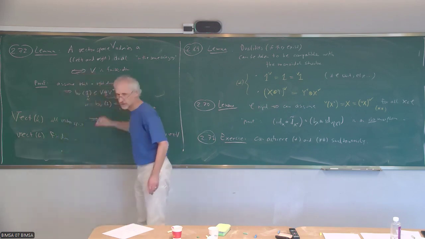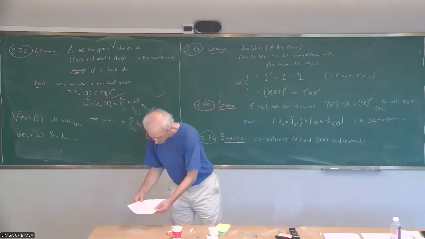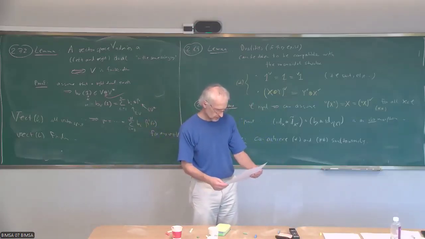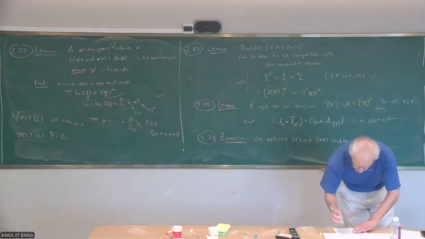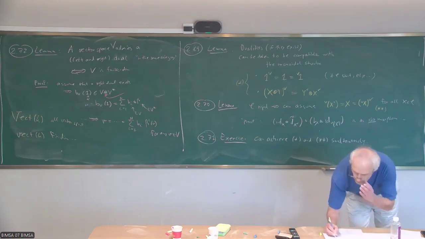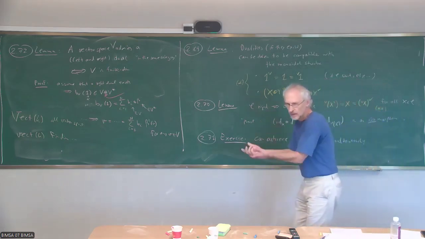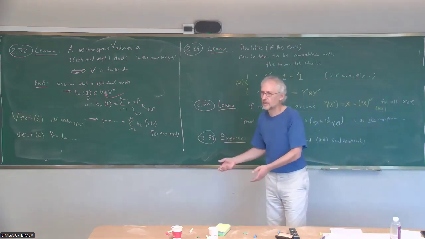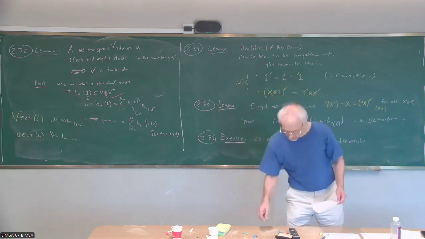This is the tensor product for K, and by definition, the elements in the tensor product vector space are finite sums of tensor products of vectors in the individual spaces.